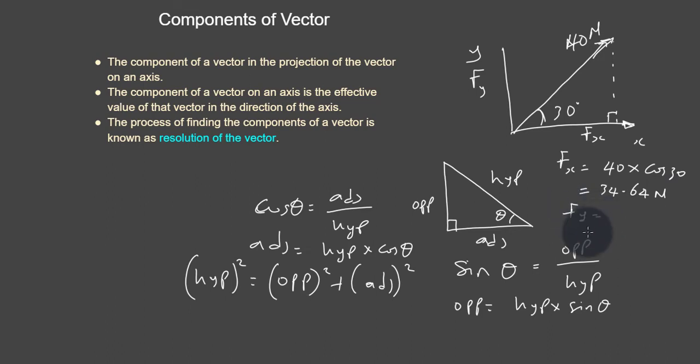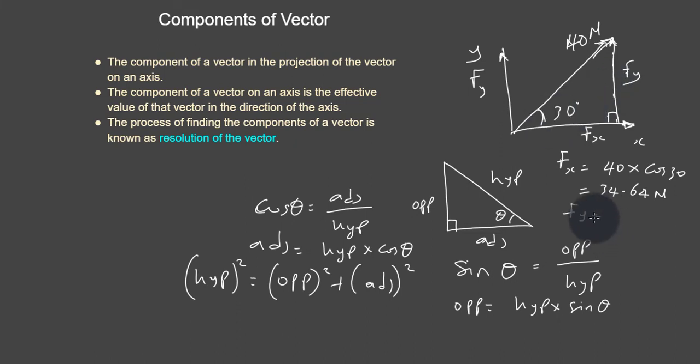So what about the Fy? The Fy is the vertical component, and because the Fy can be projected to this, because this is equivalent to this, right? They're in the same direction. So you can just take this to be this side. And if you do that, it means this is also Fy. And now this Fy is the opposite to this angle.